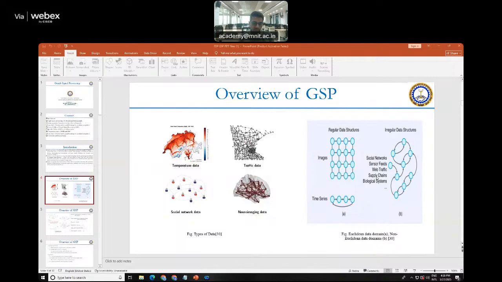So graph also allows you to process these irregular signals. That's why conventional signal processing doesn't allow us to process these irregular data structures. So that's why graph signal processing is a very, very good tool.